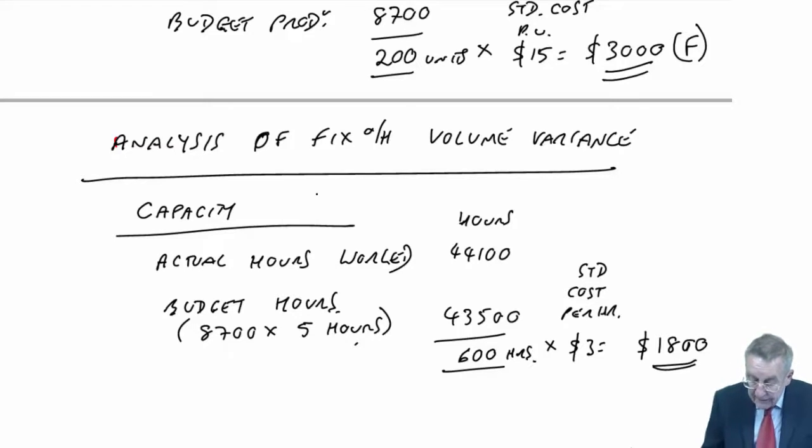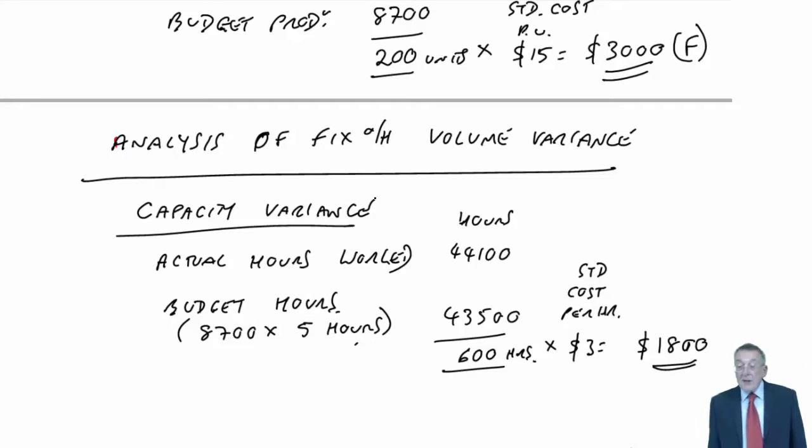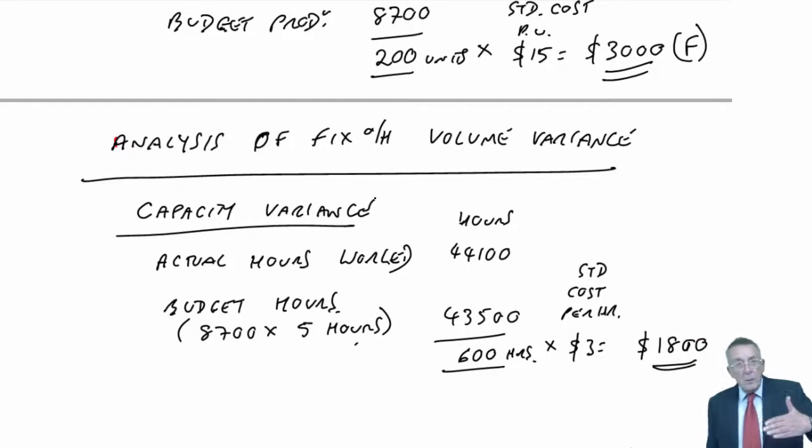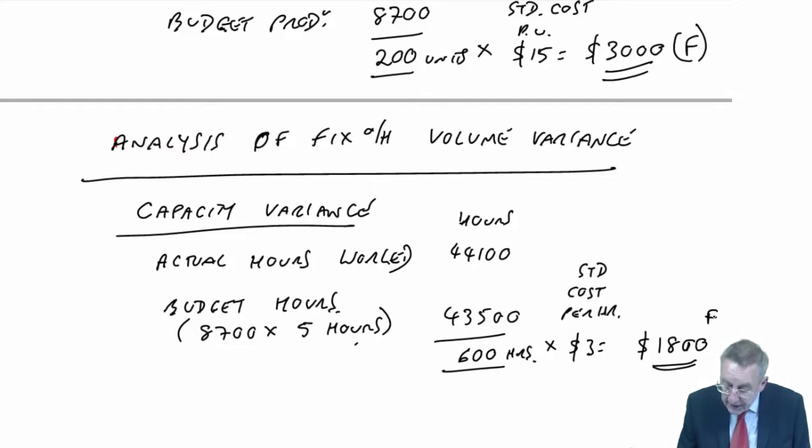I should have written capacity variance. However, there's the variance. But again, it's not always obvious to everybody, is it favourable, is it adverse? If you've been listening to the way I was speaking, that's the way I remember it. We ended up with more working hours than we expected we would. And if we get more working hours, we can produce more units. Therefore, it's favourable.